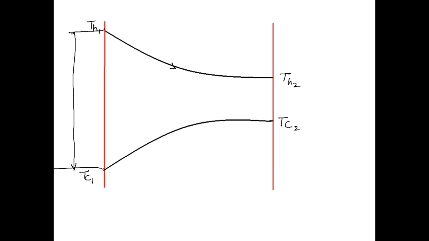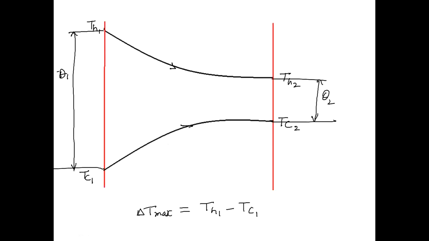We can write this one as theta 1, and keep in your mind this one will be theta 2. Another thing you can observe here is that this is the maximum temperature difference in the heat exchanger, TH1 minus TC1.